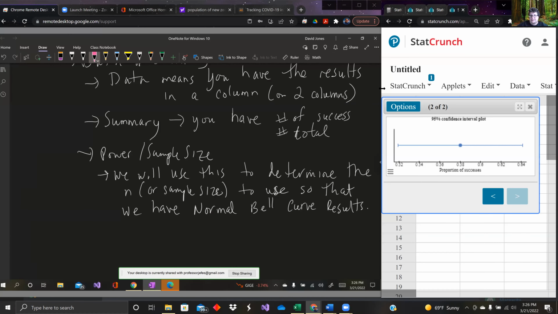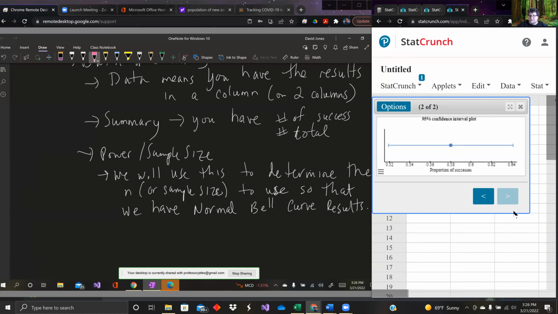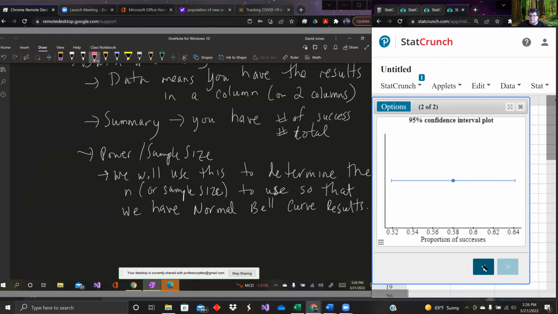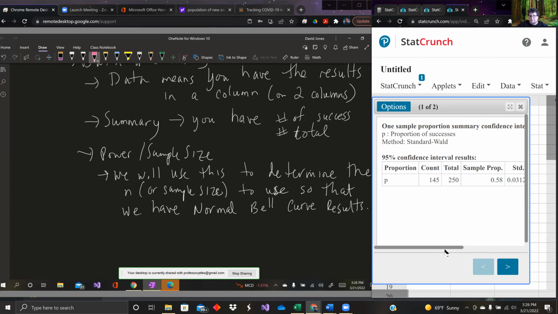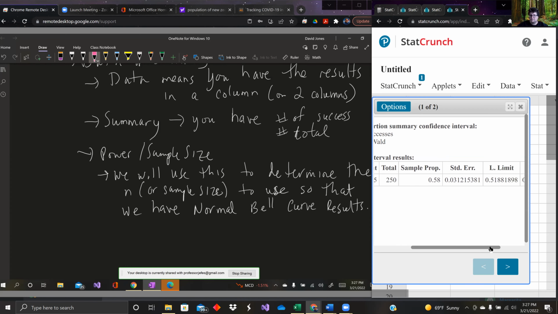You can see it again. It'll give us our margin of error. This is our margin of error right here. That's our E. That 0.0312 is our E.